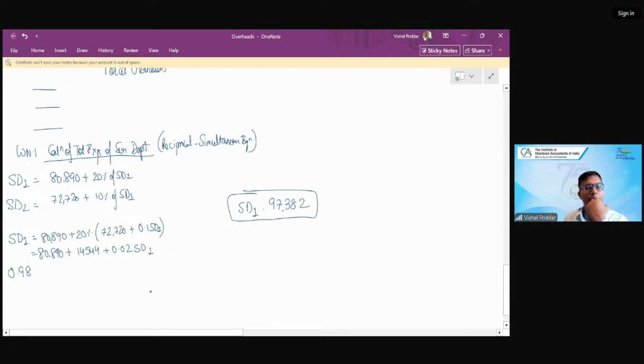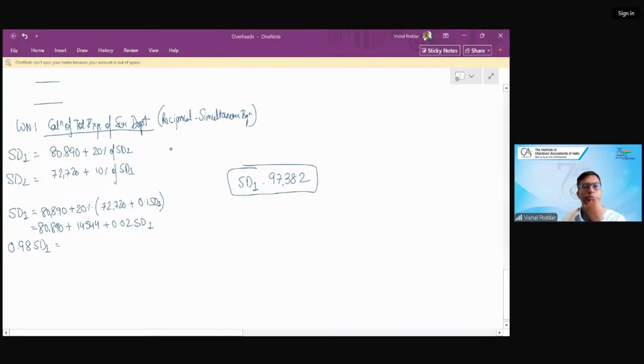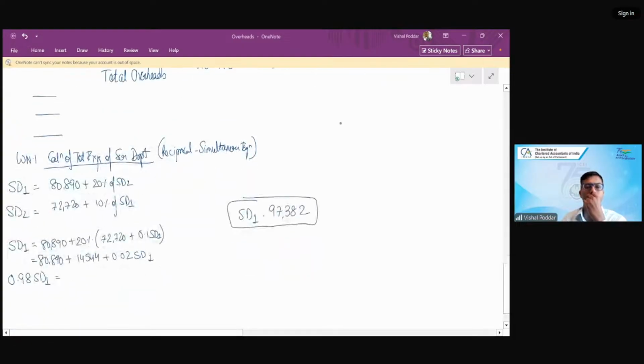This will be 0.98. $83,324. So many answers. 206,490. So this is matching. Shamli's answer is matching. Rajveer says same answer.